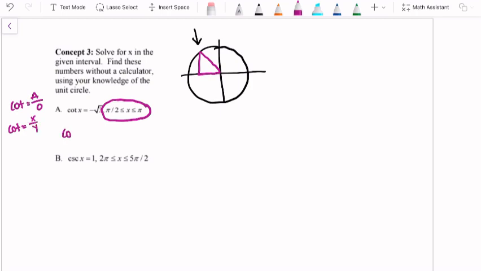So cotangent of x is really equal to the negative square root of 3 over 1. That's going to help me label my triangle. My x is going to be square root of 3, my y is going to be 1, and I need to put my negative in the right spot. Second quadrant means that our x's are negative, so I'm right there.